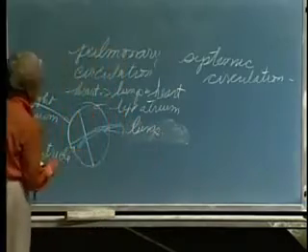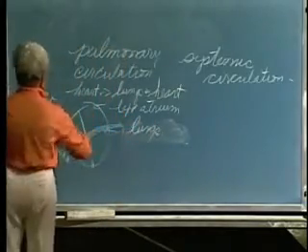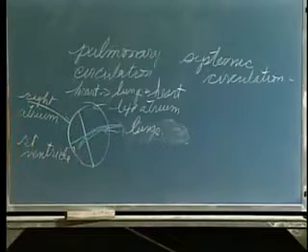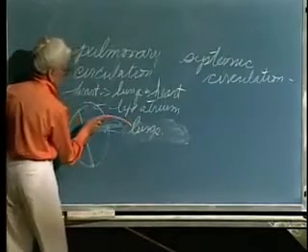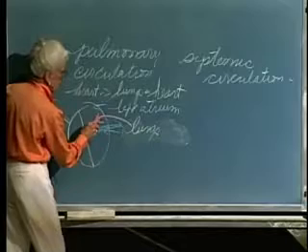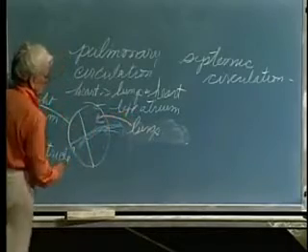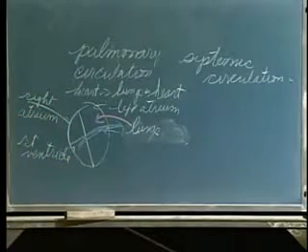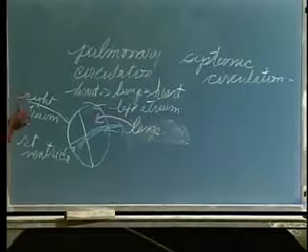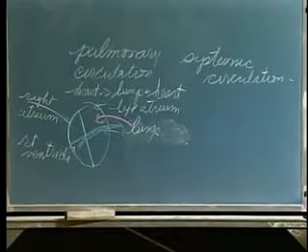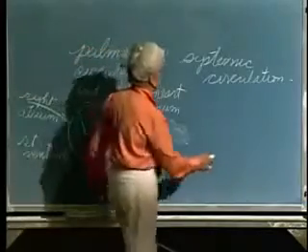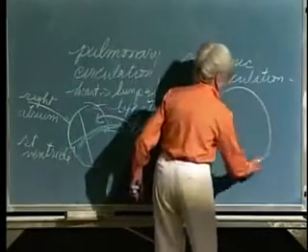And then the oxygenated blood will come back from the lungs into our left atrium. We'll get this all in detail once we develop it. I'm just giving the basic principles of the difference between pulmonary circulation and systemic circulation.